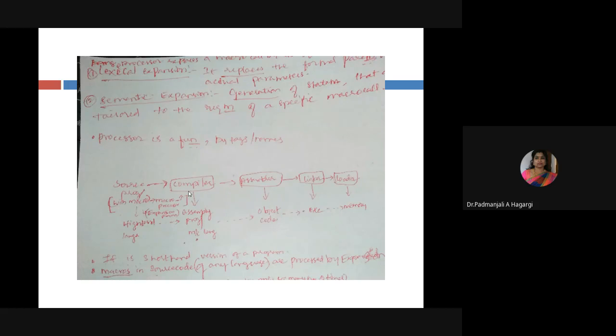Now the compiler, what does it do? It does two phases, that is the analysis phase and the synthesis phase. In the analysis phase there are lexical analysis, syntax analysis, and semantic analysis. It goes through all three. Lexical analysis I have also told in Lexemac and in the compiler too.